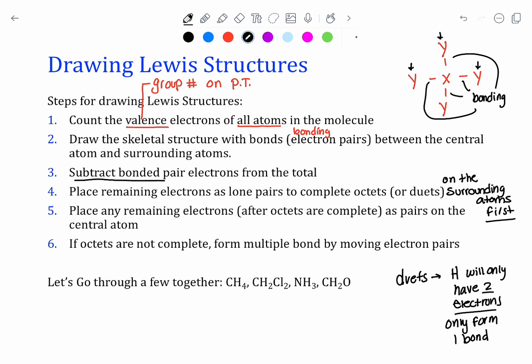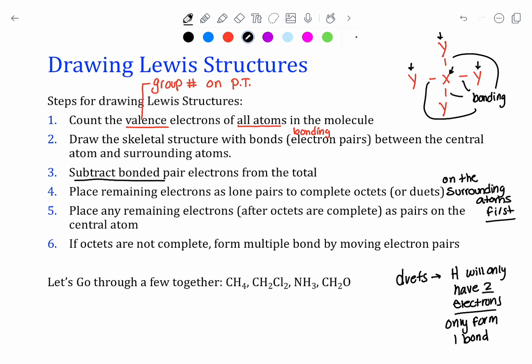Okay, so that would be the X. That's our central atom. That's this atom in the center. Finally, if all of the electrons are gone and we still do not have octets on all of our atoms, that is when we are going to form multiple bonds, and we're going to do that by moving electron pairs.